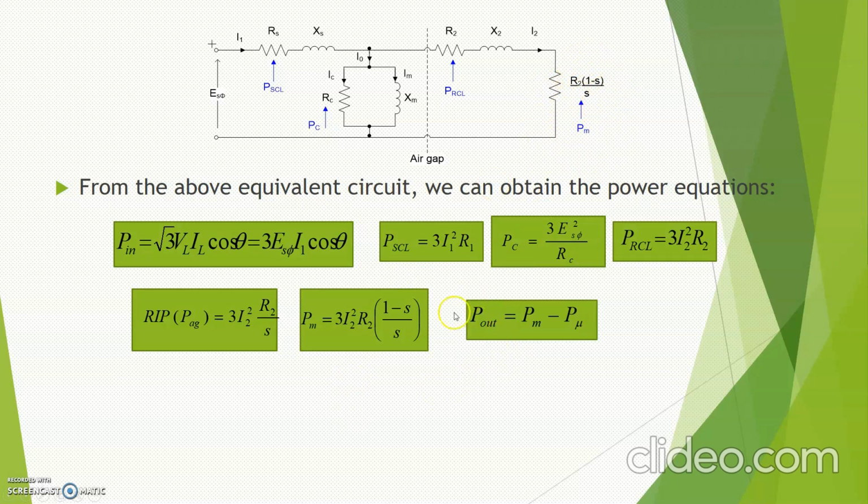And then P out will be equal to PM minus P mu. P mu is the windage losses or the stray losses.